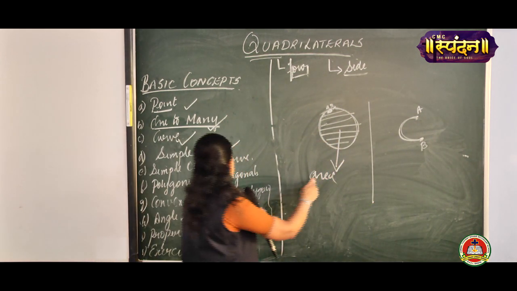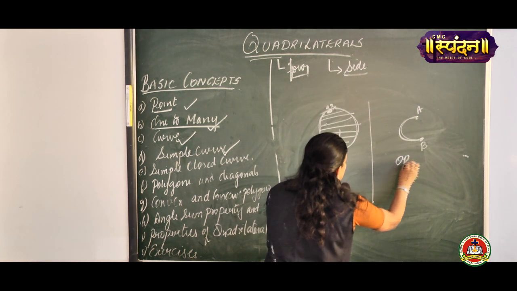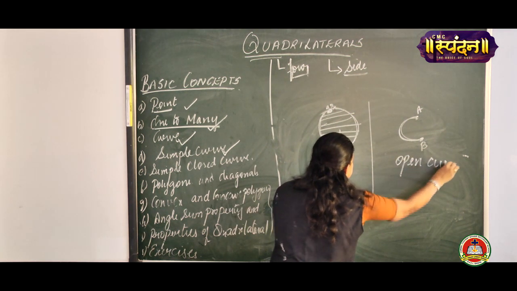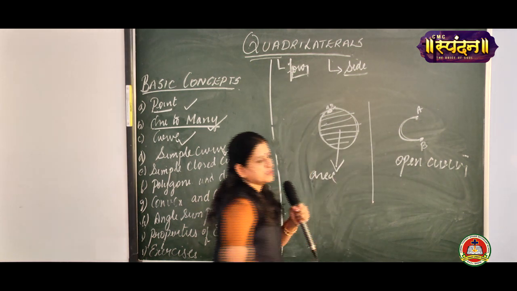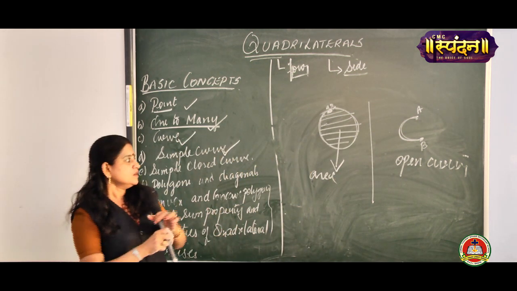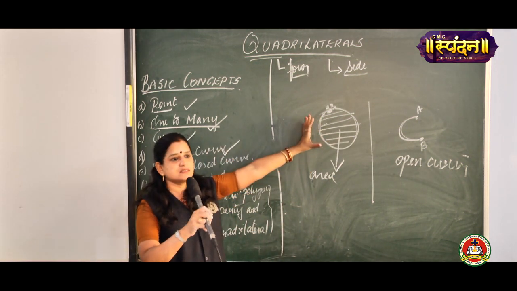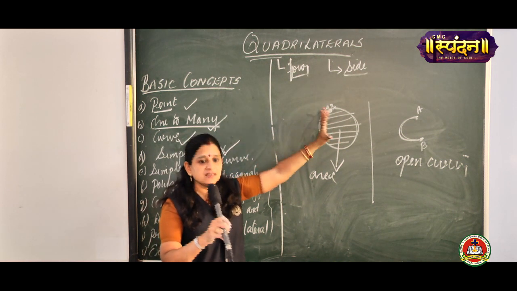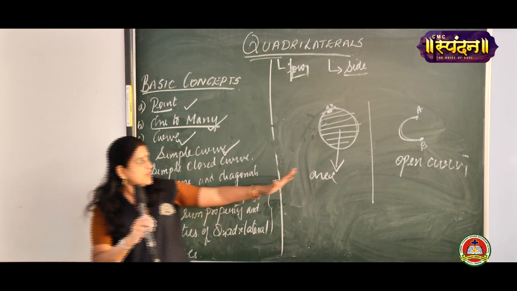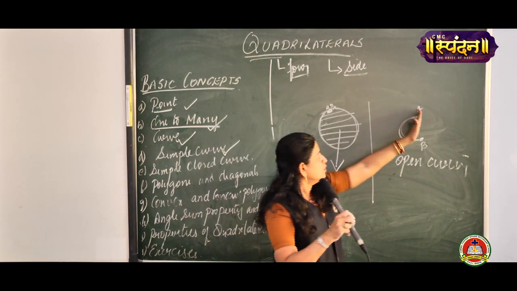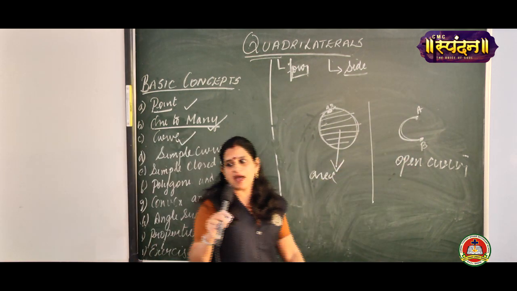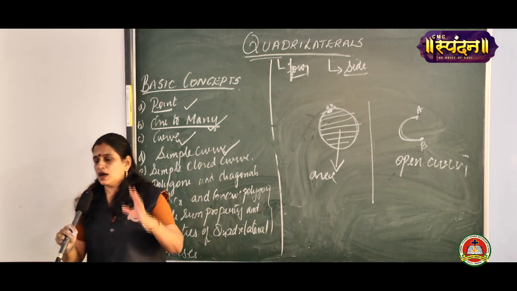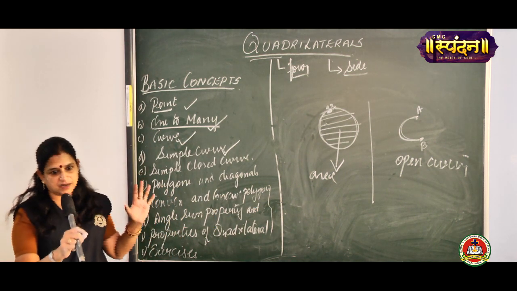This is a closed curve and this is an open curve. So you understood the difference between open curve and closed curve? Closed curve is one in which the starting point and the ending point coincide with each other, whereas in an open curve, both the starting point and the ending point are seen separately.